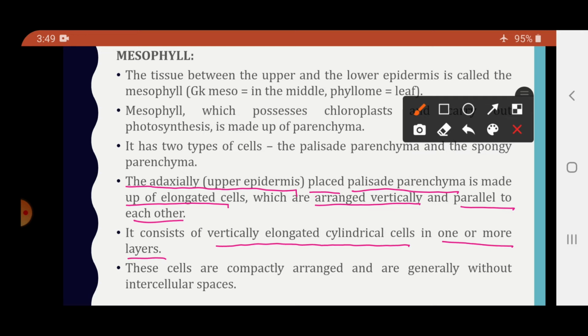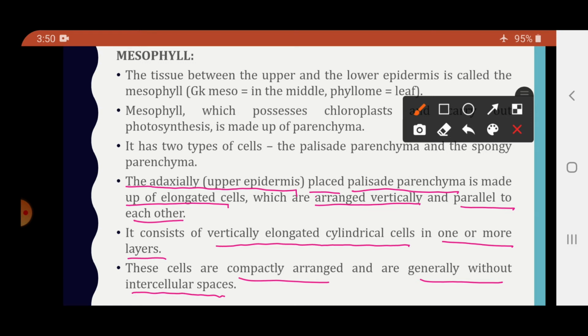Now, the cells of the palisade parenchyma, which are placed towards the upper epidermis, occur in nearly two or more layers. How are these cells? They are elongated cells. And how are they arranged? They are arranged very compactly, and as they are arranged compactly, they generally have no intercellular spaces.